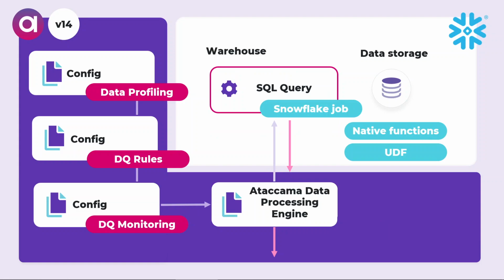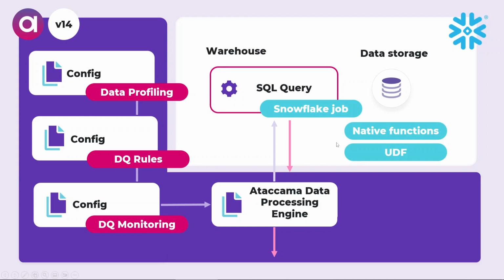That means that the configurations of the profiling, of the rules, the information on what should be applied on what, are taken by the data processing engine. It translates them into Snowflake jobs and sends them to Snowflake.